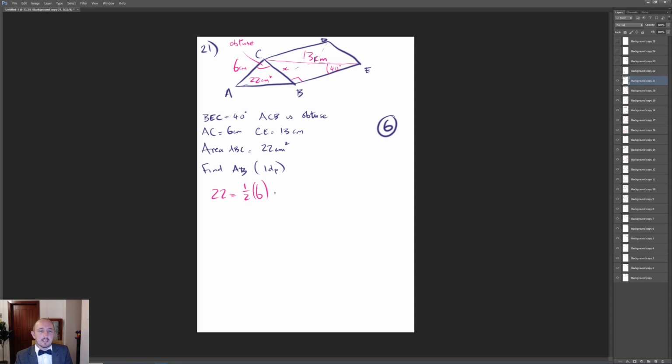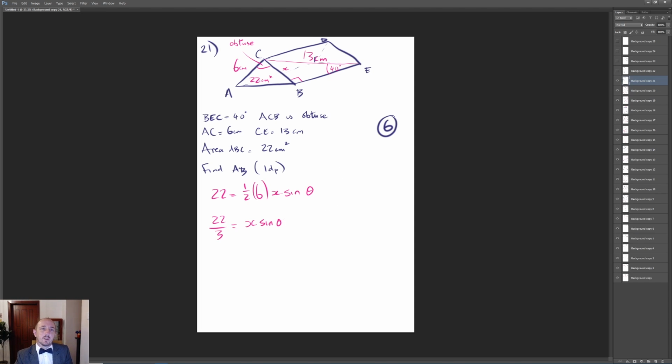Half 6 times x times sine of the angle. Okay, so we'll call that theta for now. So when we have this here, we can simplify this to 22 over 3 equals x sine theta.